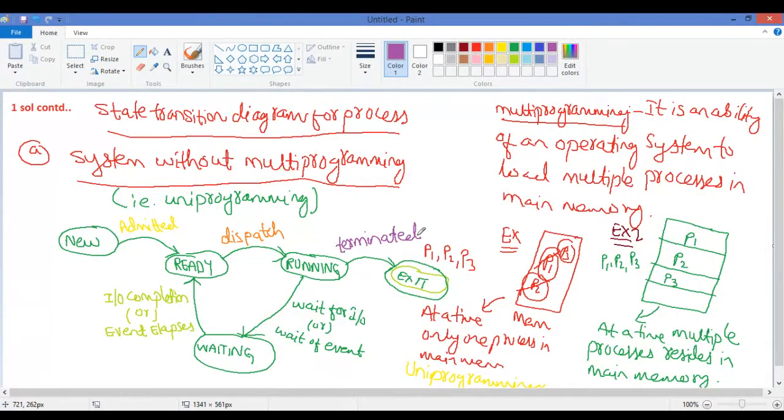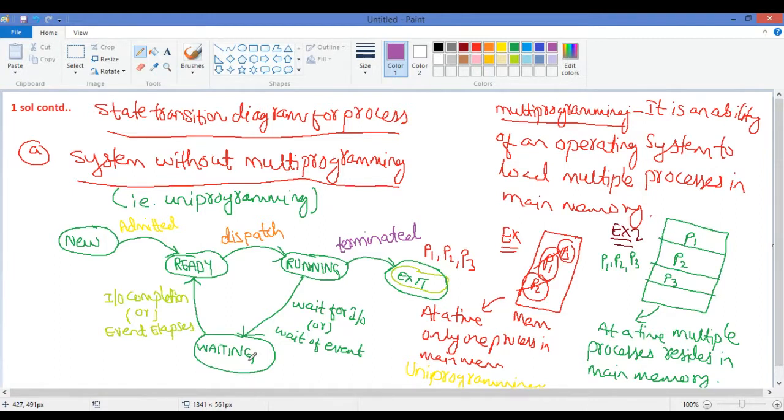Yes. How? With the help of admission. Is it possible to go from new to waiting? No, not directly, because you see there is no arrow like this. Can you go from ready to running? Yes. What is the name of the transition? Dispatch. Can you go from running to waiting?